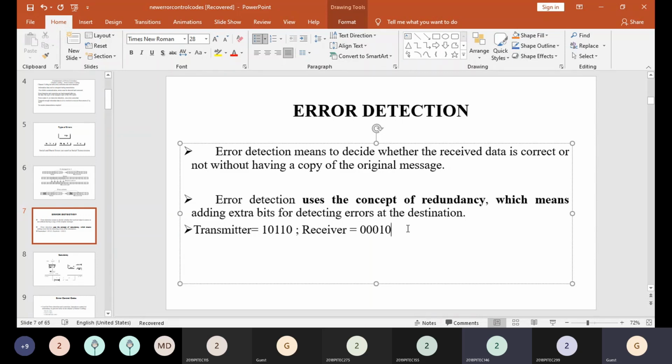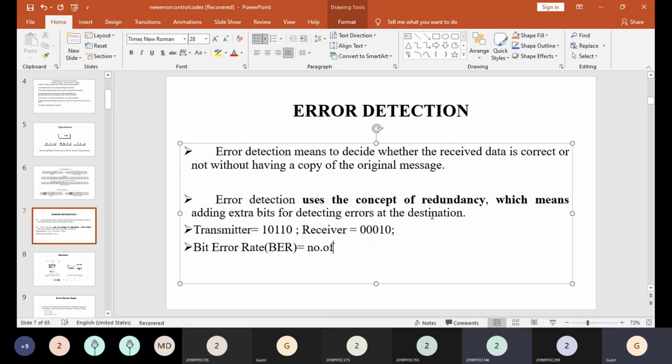So when you compare this, what is the bit error rate for a particular system where it transmits 10110 and the receiver receives 00010?